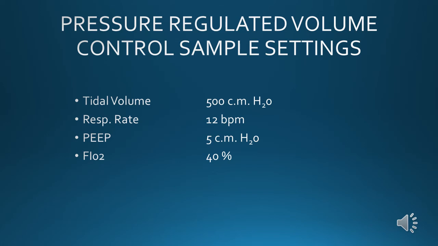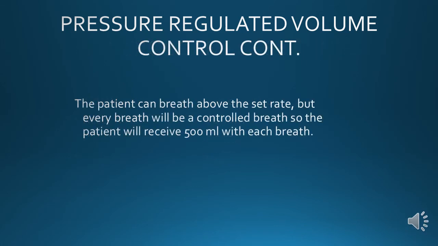And again, some basic settings and what they might look like, again, in potentially an adult patient. Tidal volume at 500, a set respiratory rate at 12, PEEP of 5, FiO2 40%. Basically the exact same example I gave in volume control ventilation. And again, let us remember this is not controlled mechanical ventilation.